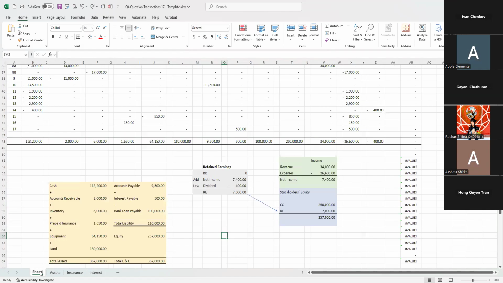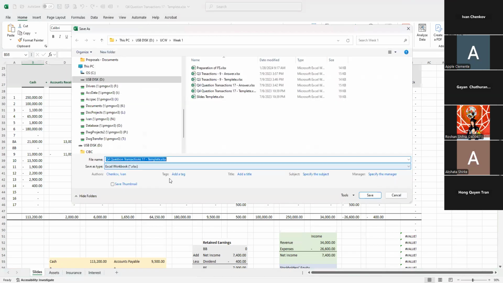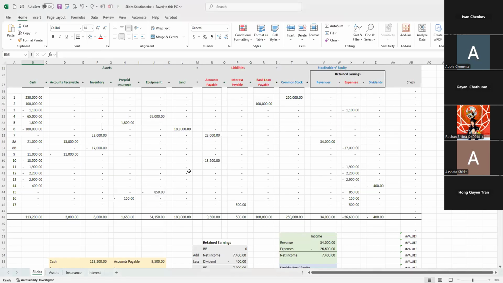Now I can save this one on my computer. Slides template, and that's not the template now, that will be slides solution. And I can post it for you so you can have it. I can show you in Brightspace. Yes. Oh, thank you.